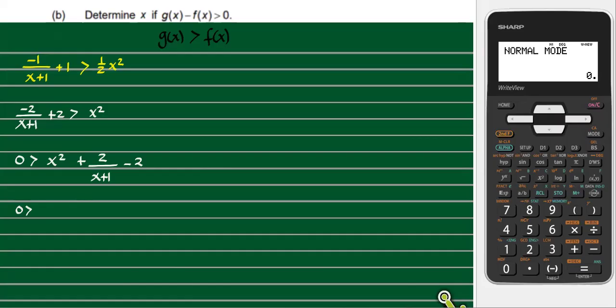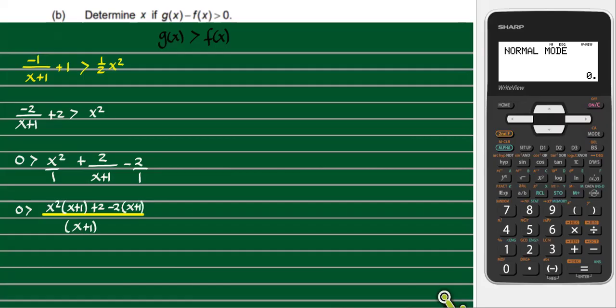You will see it. All right, this is over 1. Since you know LCD, it will be x plus 1. The x plus 1 will times the x squared, I'm just keeping it as x squared, x plus 1. And then here it goes 1 time, so it will be plus 2. Here x plus 1 will times the minus 2, so minus 2 into x plus 1.